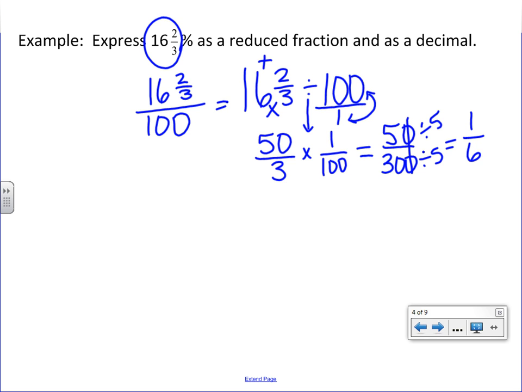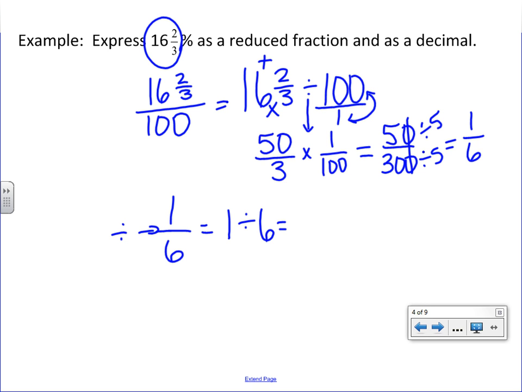Final answer. Now it wants me to write it as a decimal. Well, that's going to be a lot easier to do now that I have a fraction, because my fraction was 1/6, and we know that when we have a fraction, this bar literally means to divide. So I'm going to take 1 divided by 6.